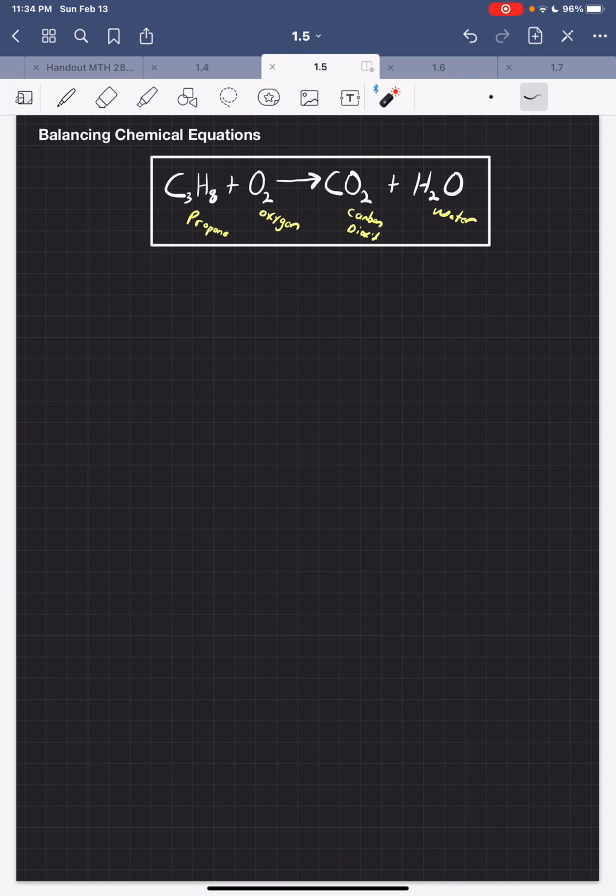Now, the idea of balancing a chemical equation is finding the correct number of specific atoms on the left side to match those corresponding atoms on the right side, right? So that's the idea.